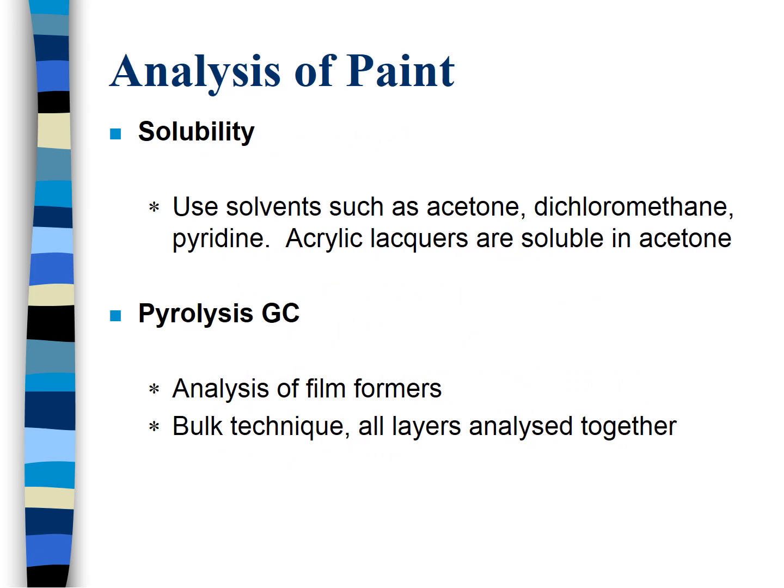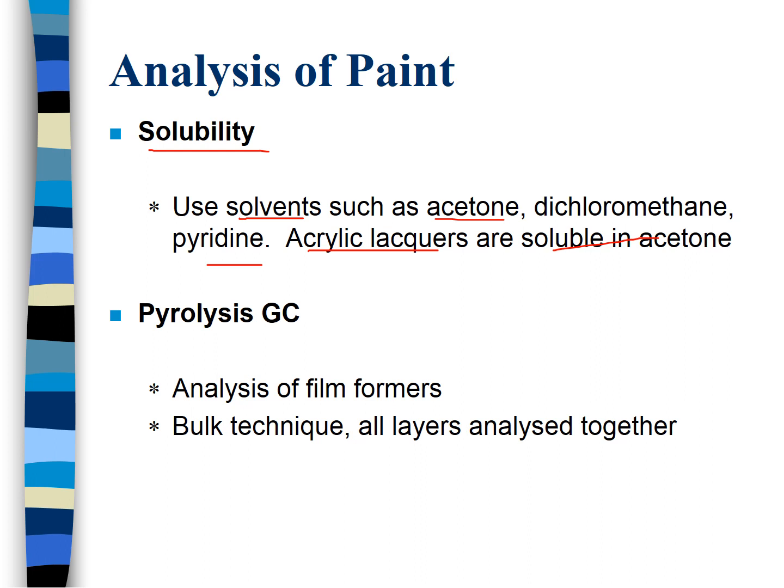And the second one is through the solubility of the paint, where it will use solvents such as acetone, dichloromethane or pyridine. So for example, acrylic lacquers are soluble in acetone. So we will know the types of paint from the solubility in the solvent.